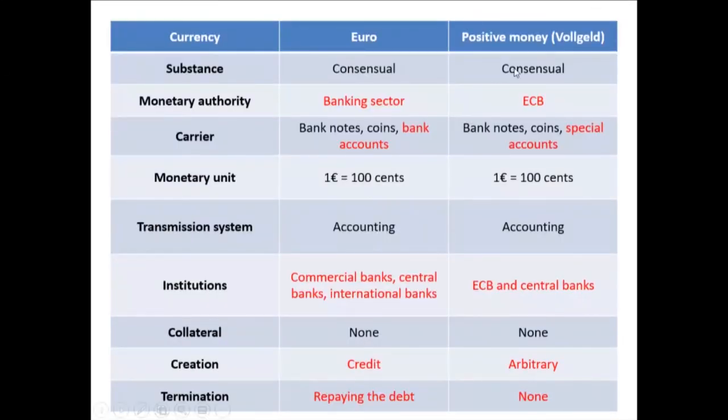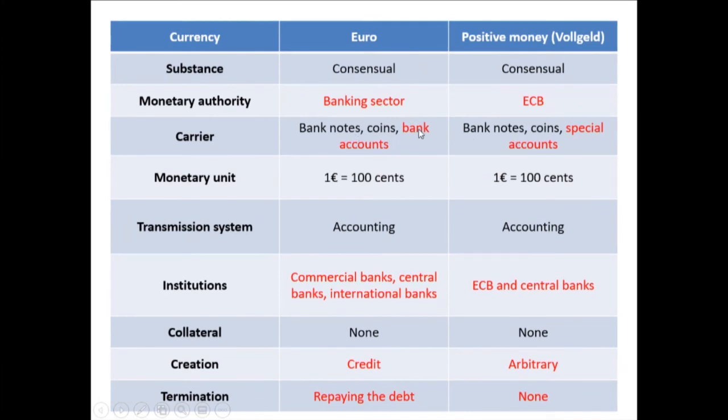Let's compare the euro with positive money, with the new euro. The substance is the same. It's consensual. There is no collateral, but the monetary authority instead of the banking sector would be the European Central Bank. Carriers are banknotes and coins again, but special accounts instead of the bank account.